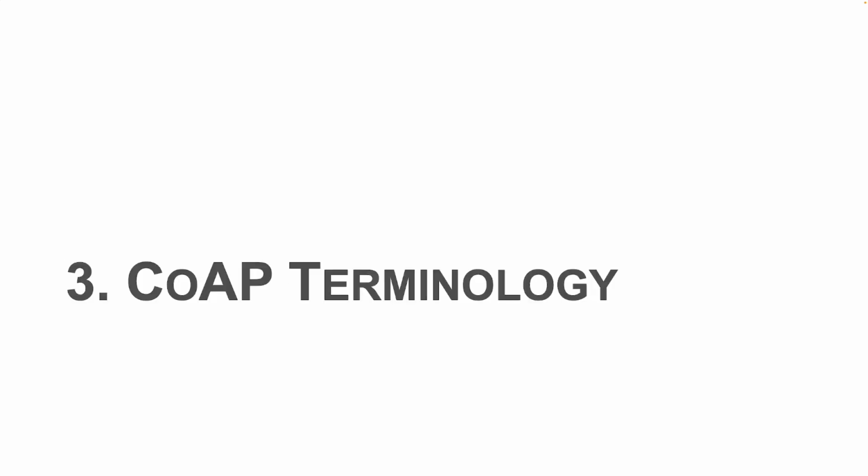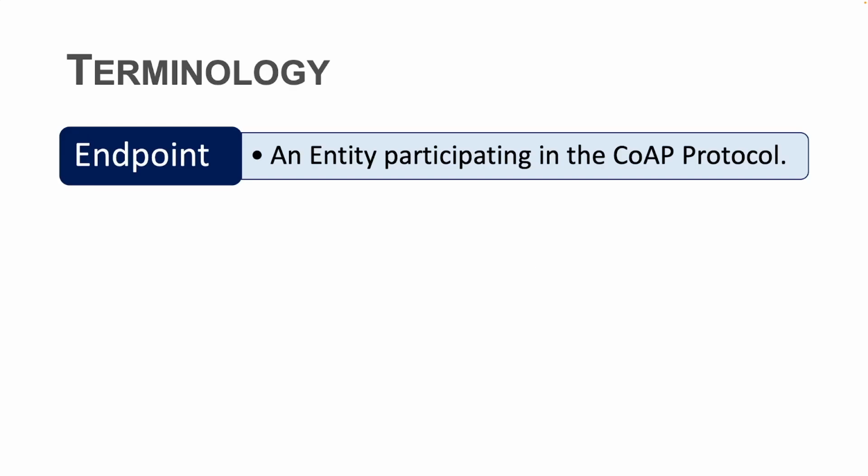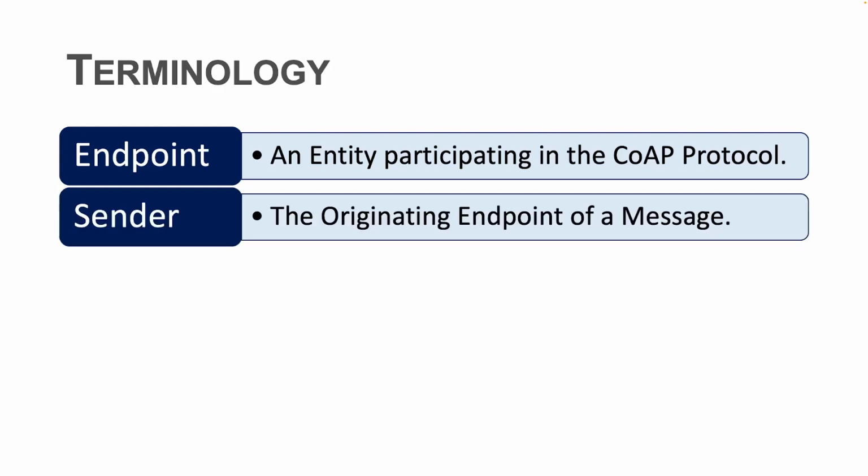Let us now continue with the terms that are defined in RFC 7252 and which we will use later in this video. The first term is the endpoint. An endpoint is an entity participating in the CoAP protocol, and it is identified with a node or a host.